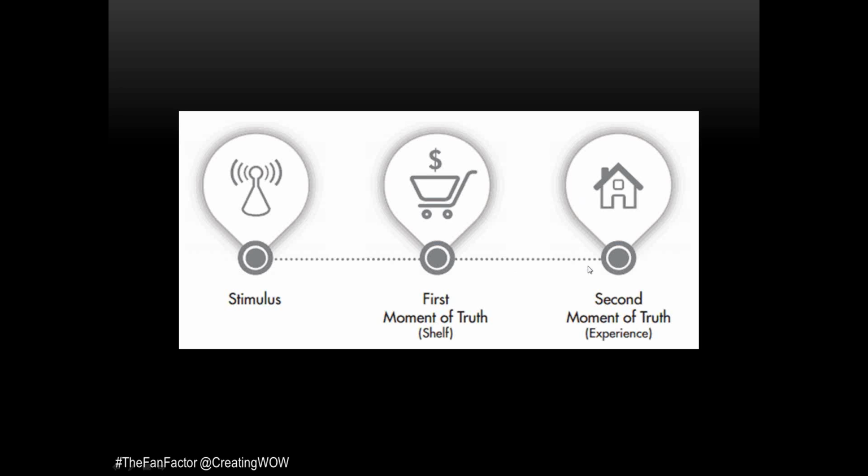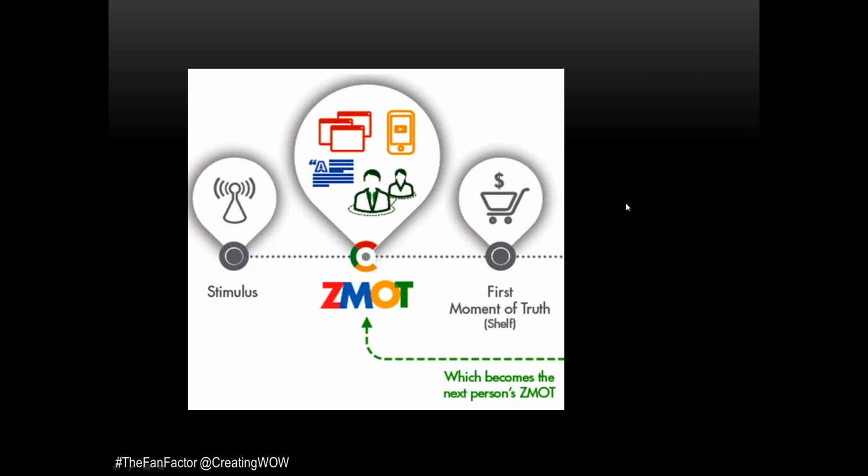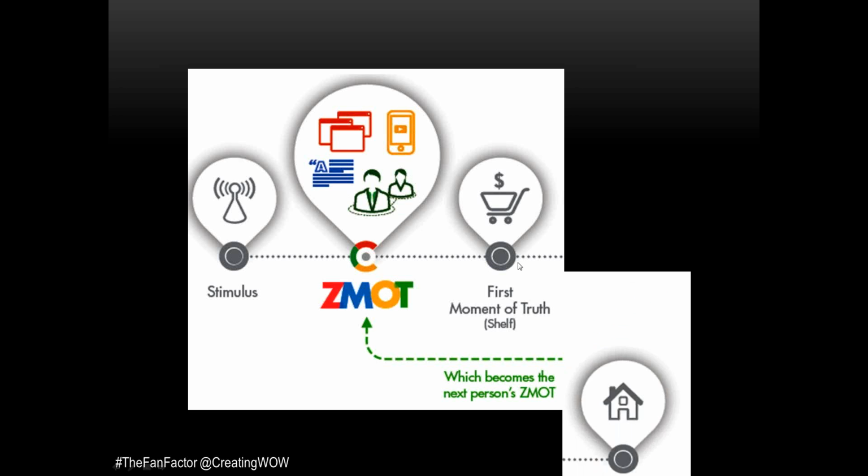The second moment of truth is always the experience that customer has with your brand, with your people. And that becomes that second moment of truth. But watch how it changed with Homebuyer 2.0 and the advent of social media. This first moment of truth here is no longer an in-person experience solely.